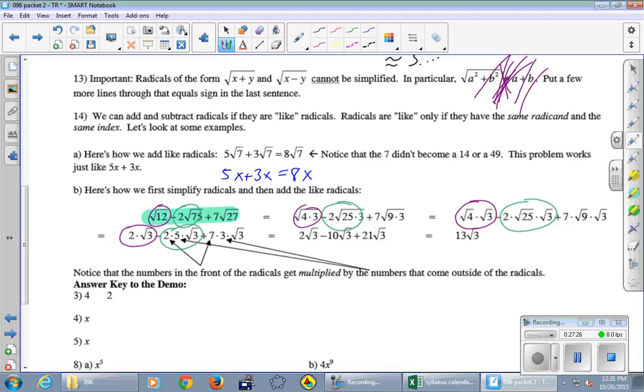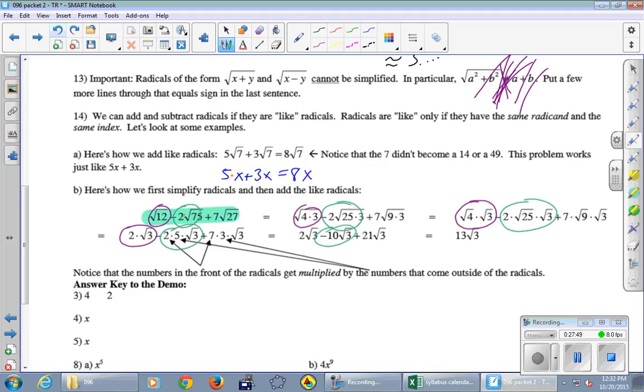But it's multiplication because it's been multiplication this whole time. We didn't write it, but that's really 2 times. In the same way it's 5 times x, right? So we didn't put a symbol there, we mean multiply. So that 5 comes outside and multiplies by the 2 and becomes a 10, radical 3.